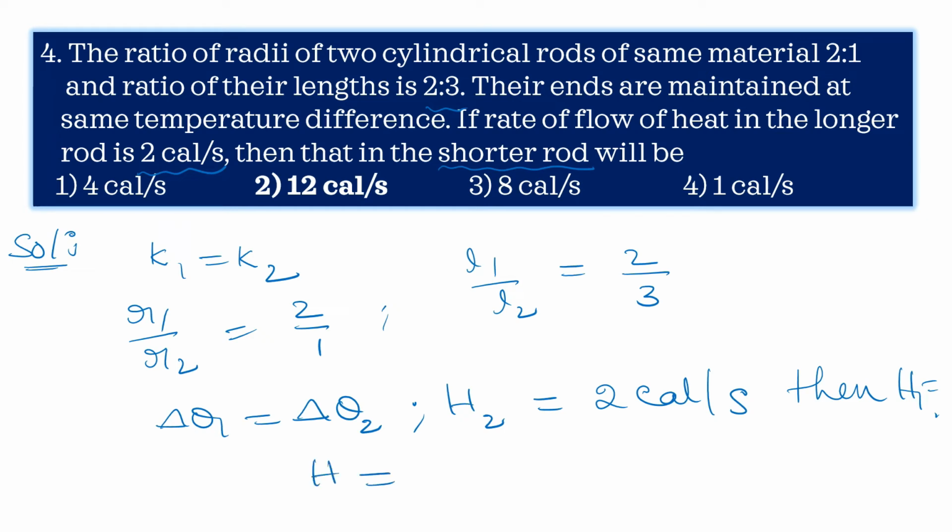H is the rate of flow of heat, H is equal to K A delta theta by L. Next, H is proportional to A by L, that is directly proportional to R square by L, since A is the area, equal to pi R square.